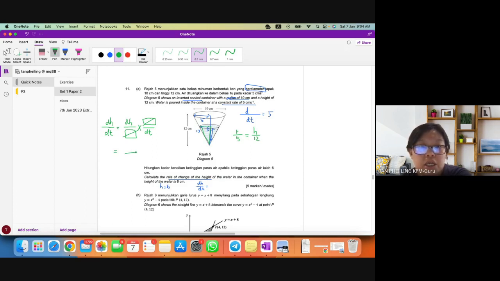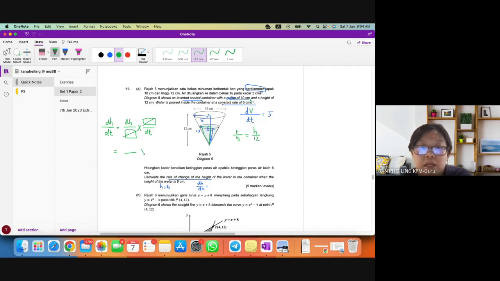So which means dh something we don't know, and then this will be a d what over dt. I think the question here has some problem, because it should be water poured inside, should be a volume of water. Here should be 5 cm cubed, so that I can be sure this is dv dt.